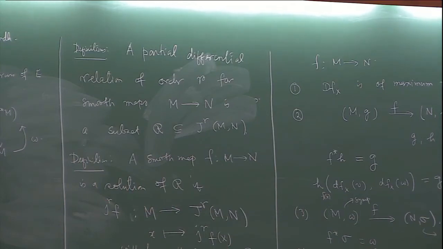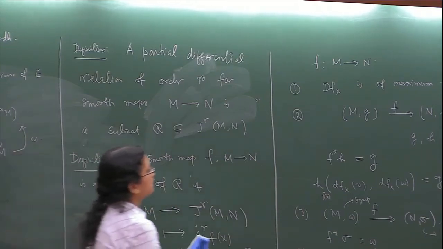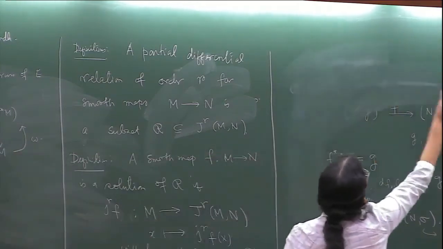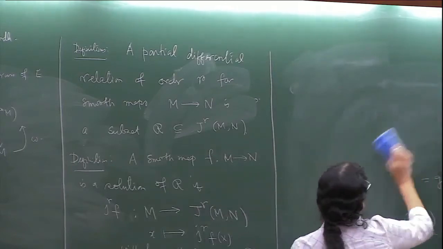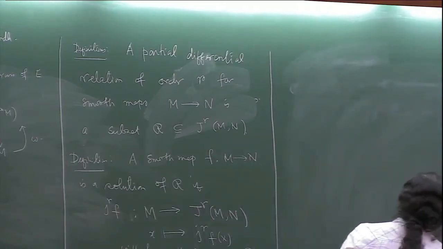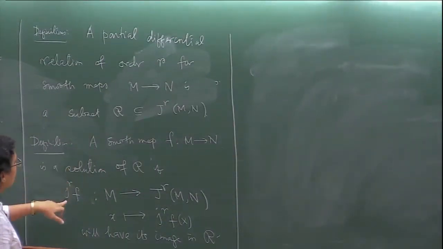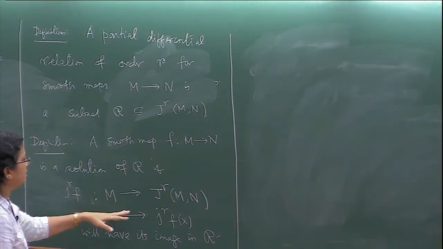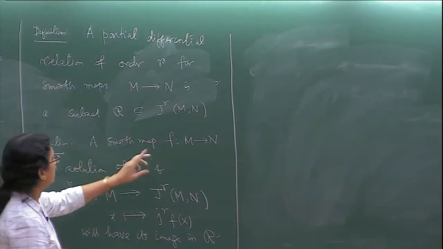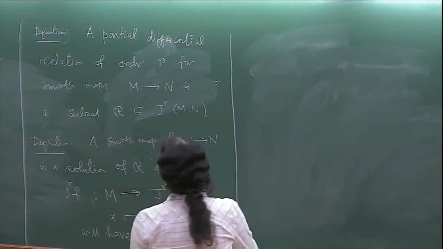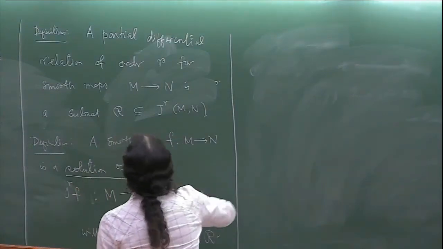Exactly, I am generalizing that statement. So if this is the r-jet map of f, a global function, and its image is lying inside R, then f will be called a solution of R.